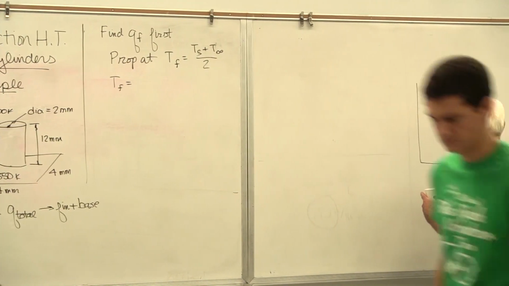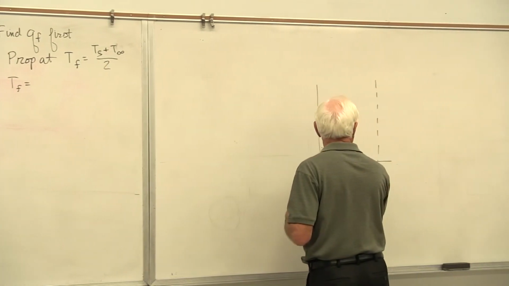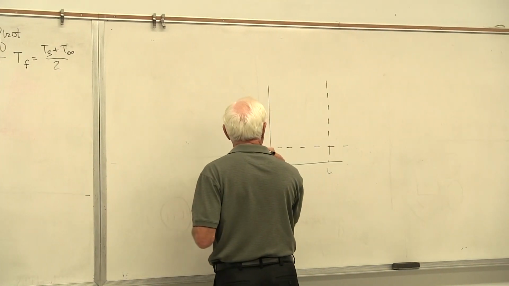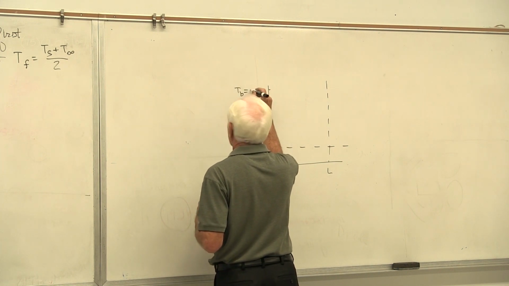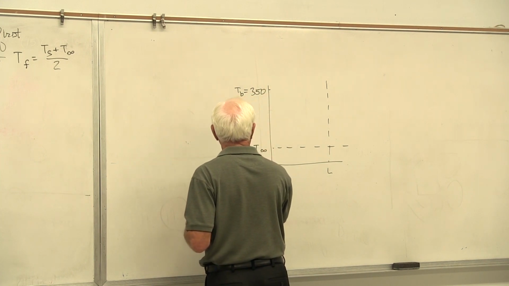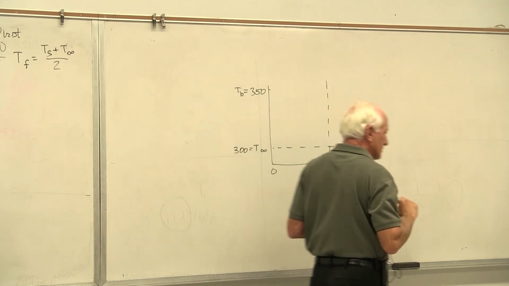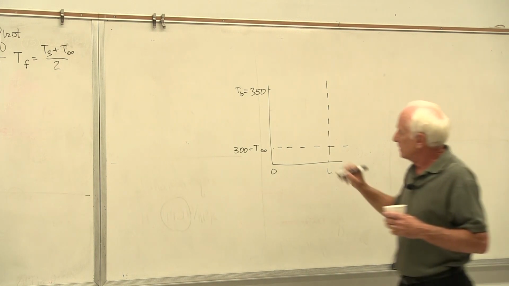Okay, here is the length of the fin, L. Here's T infinity. Here's T base. T base, 350. T infinity, 300. This fin's losing heat by convection. Okay, I know what the shape is.